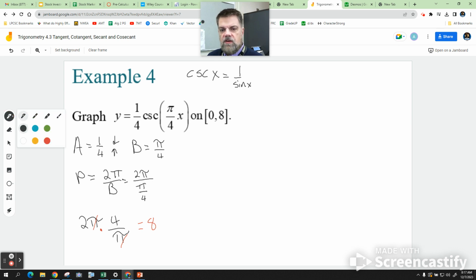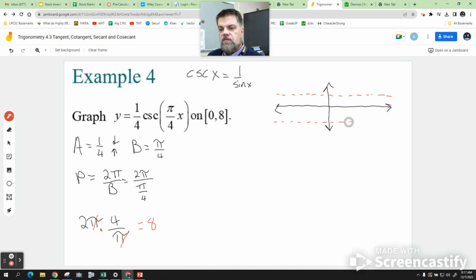So now, if I were to graph this, I'm going to sketch it, and then we'll do it in Desmos. You start with sine first. So sine would look like this. It would go from positive 1/4 to negative 1/4, and it would have a period from 0 to 8.